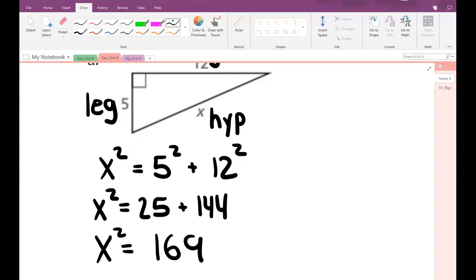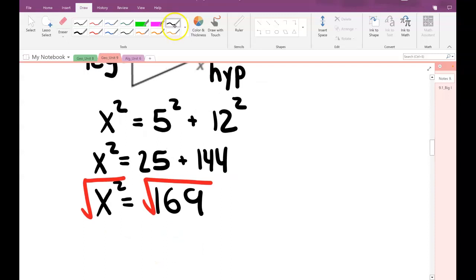And then you have to go back to algebra and think, how do I undo to the power of 2? Well, you have to take the square root of both sides. Taking the square root of both sides undoes our exponent. So we're left with x is equal to 13.